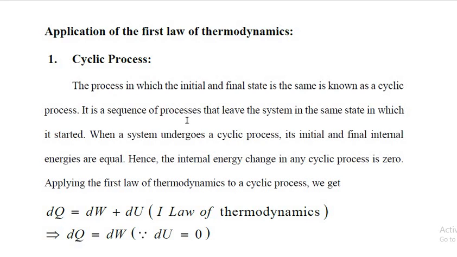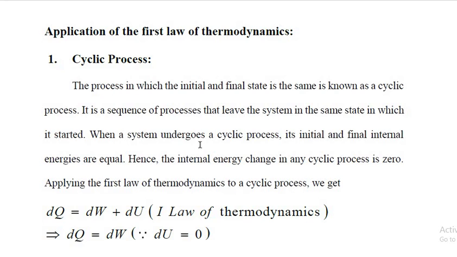It is a sequence of processes that leave the system in the same state in which it started. Okay, that is, even after certain processes, the system will come back to its initial state. Fine, that is what is written here.